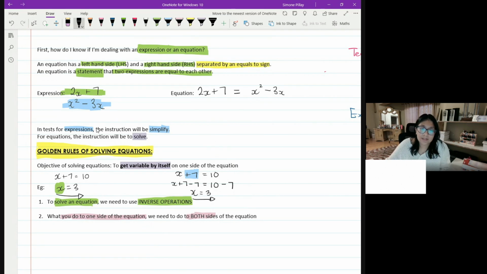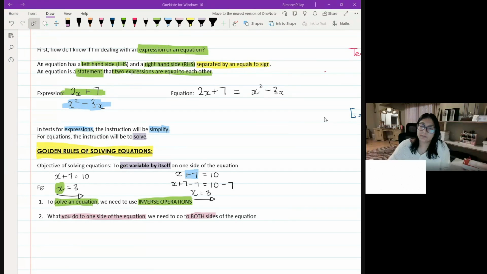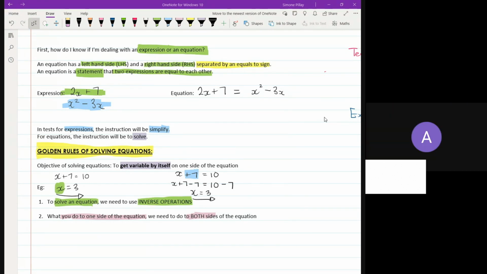Okay? Yeah, and so that is it. Was that a hand or a message that I heard? Ma'am, if you don't do the first step and you just say 10 minus 7, they mark it wrong.